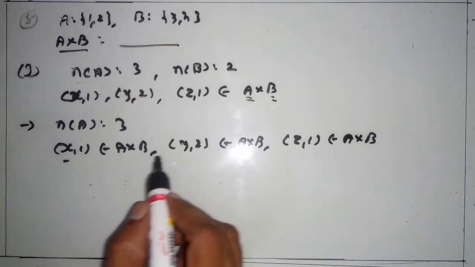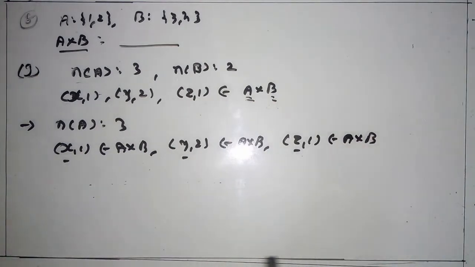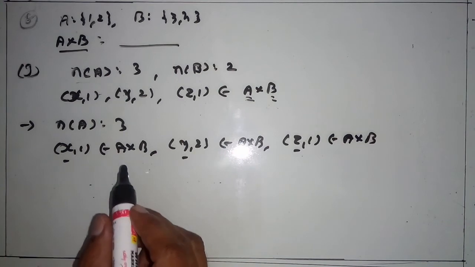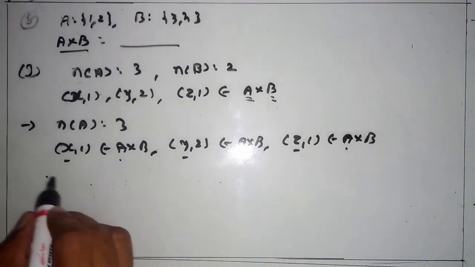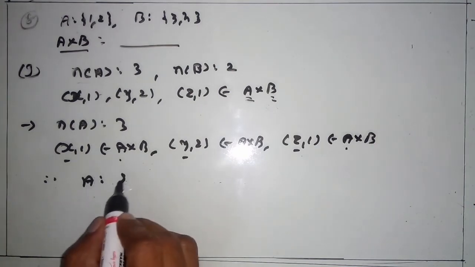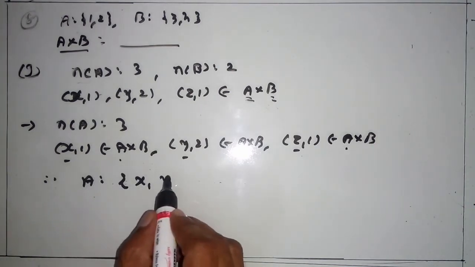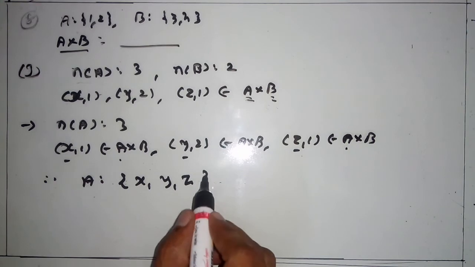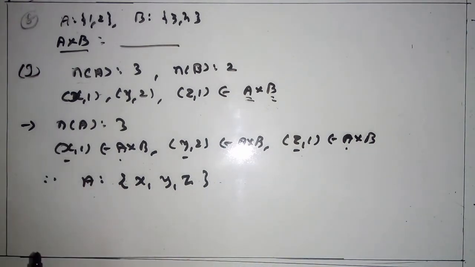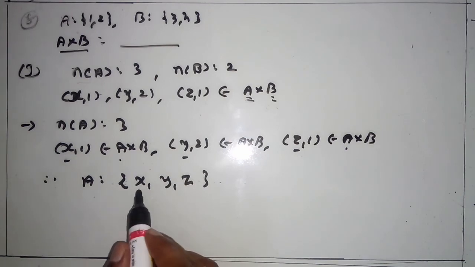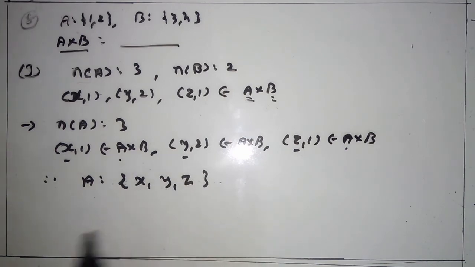So the first element of each ordered pair is a member of the first set. So A contains x, y and z. Also the number of elements of A is 3, and they are x, y, z. So set A is equal to {x, y, z}.